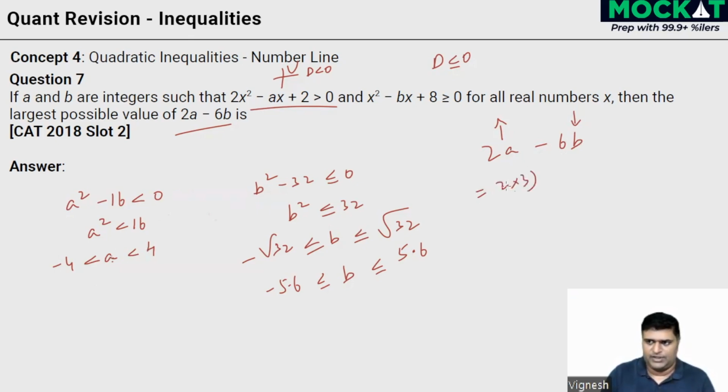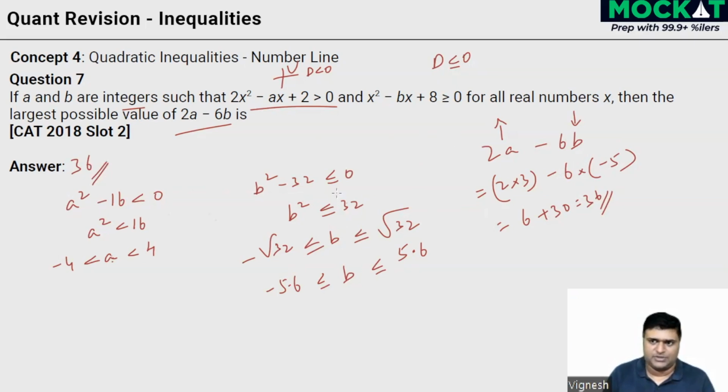So 2 into 3 minus 6 into what can b take? What is the lowest value b can take? b can't take minus 5.6. It has to be an integer. It can take minus 5, right? So we get a 6. Minus into minus is a plus. 6 into 5 is 30. And we get 36, right?